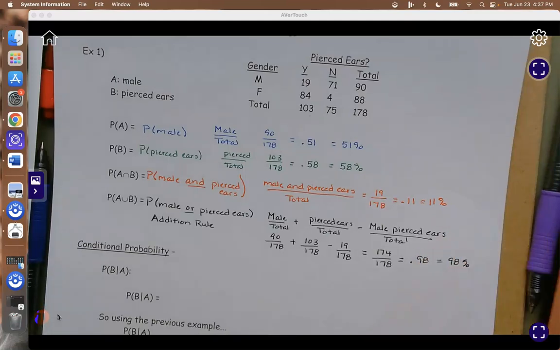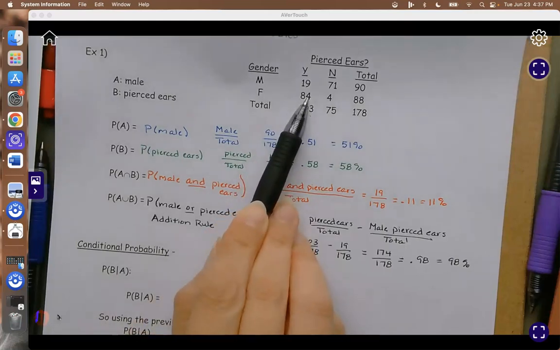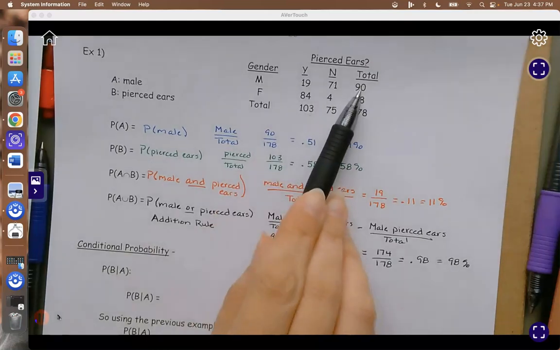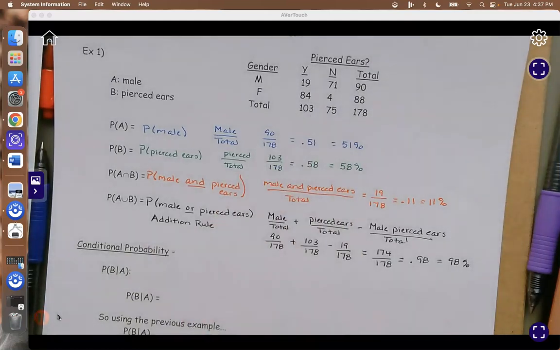That the person is male or has pierced ears. Okay, so you're counting all the pierced ear people, so the women with pierced ears and all the men. So that's how you get so many.